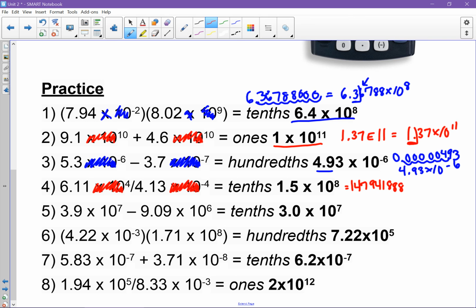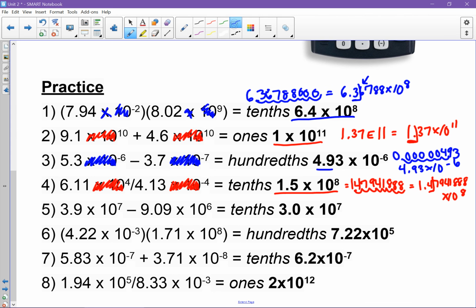We want to put that into scientific notation, so we want the decimal to be here. So it's going to become 1, 2, 3, 4, 5, 6, 7, 8. 1.47941888 times 10 to the 8th. That's a big number, so it's a positive exponent. Then we can take that and round it at the tenths spot, which is there. The 4 will round up to a 5 because of the 7 afterwards, and there's your answer.